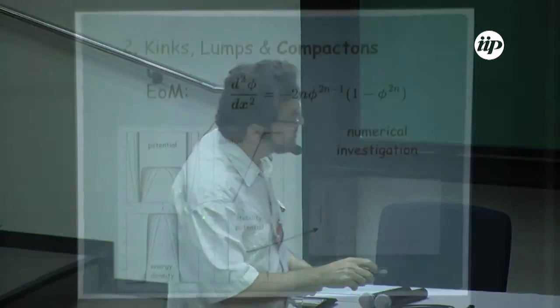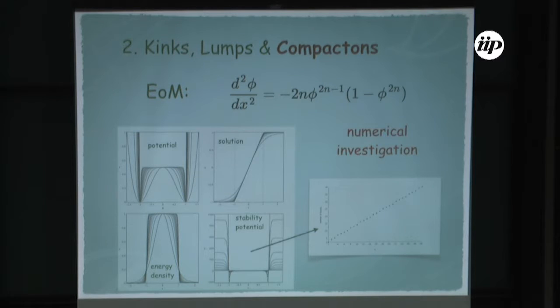In this case, you see that you have a kind of well which goes up, until the solution is compactified, and you have nothing outside. So the stability potential should be like a harmonic oscillator, or the Poschl-Teller potential is the second parabolic.